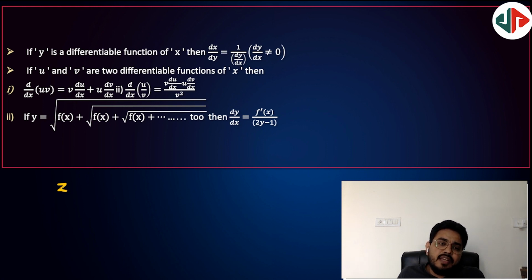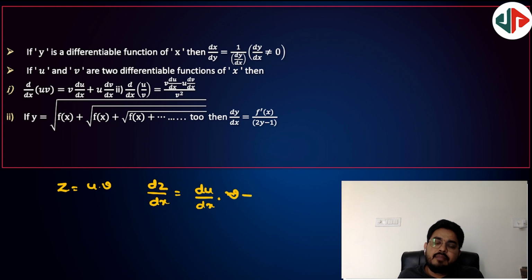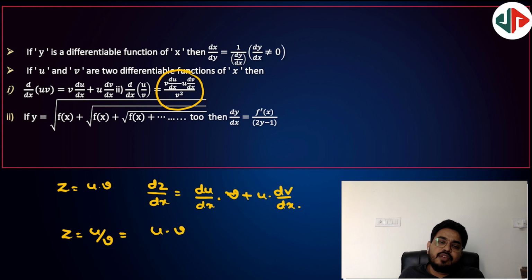If Z is equal to U into V, so dz by dx is equal to derivative of first function into second function plus first function into derivative of second function. Z is equal to U by V. You can write this formula derivation from here you will get U into V to the power of minus 1. From there you can check it out.